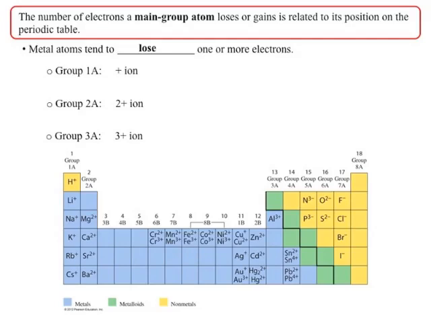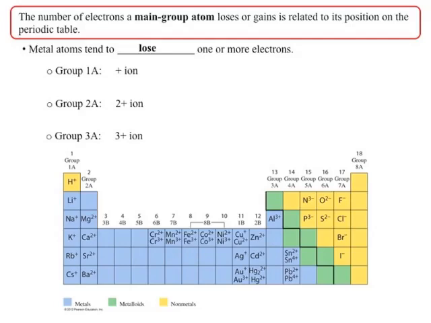They do not gain electrons. In other words, metals become cations. Group 1A elements lose 1 electron and become a 1 positive ion. Group 2A loses 2 electrons and becomes a 2 positive ion. Group 3A metals lose 3 electrons and become a 3 positive ion, a cation.